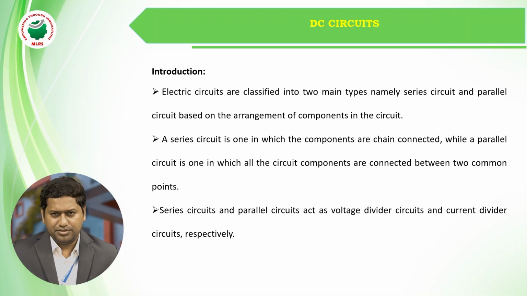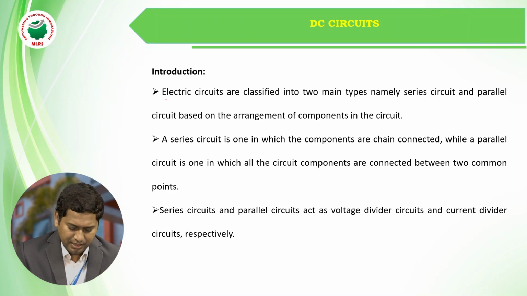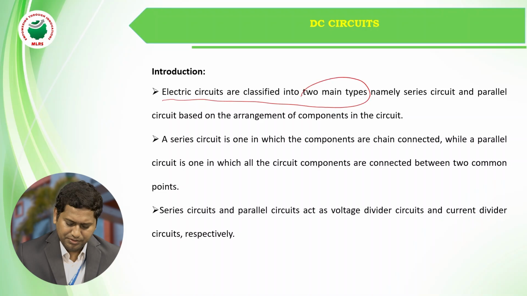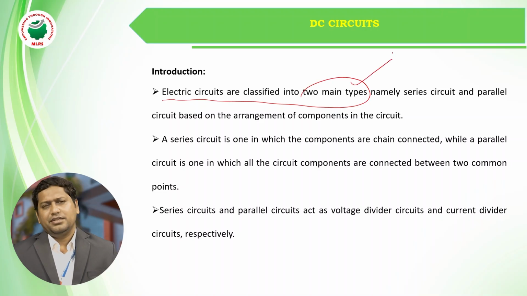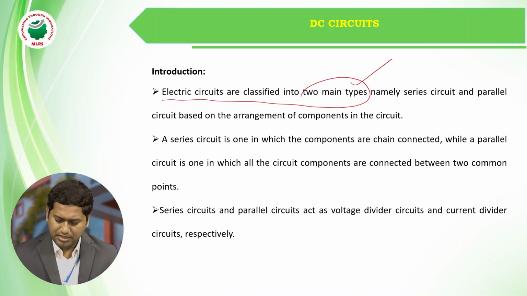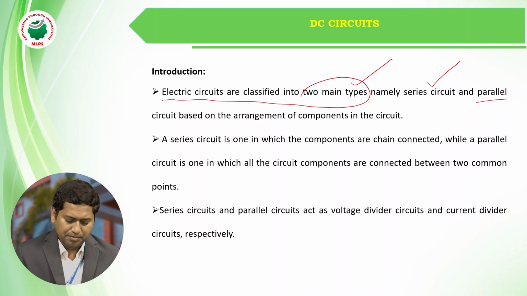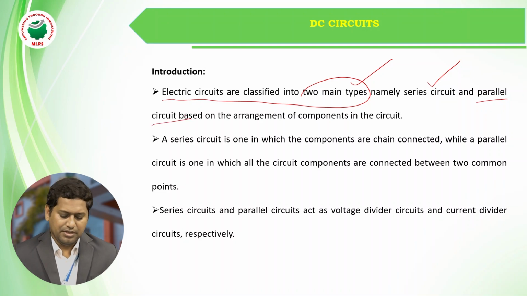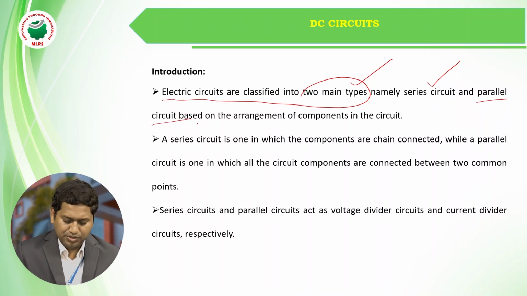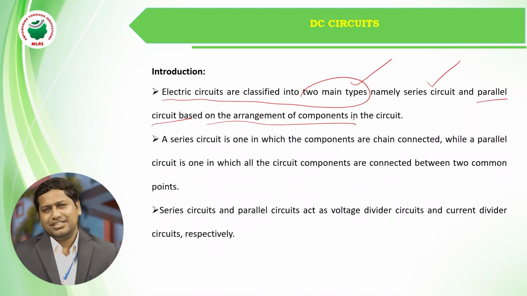So, introduction for this. As we know, electric circuits are classified into two main types, namely series circuit and parallel circuit. This is done based on the arrangement of the components in the circuit.